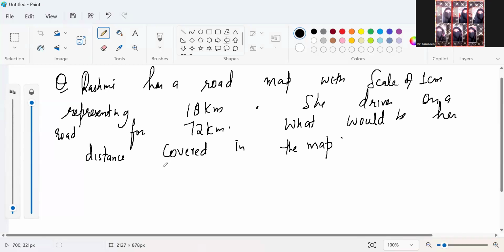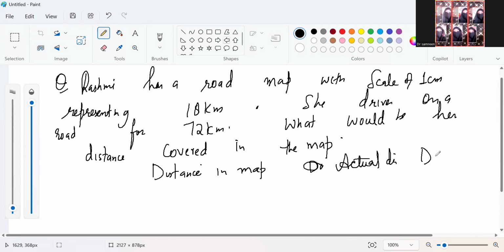Rashmi had covered, first we write the scale distance in map and the actual distance. Again, distance in map and actual distance.